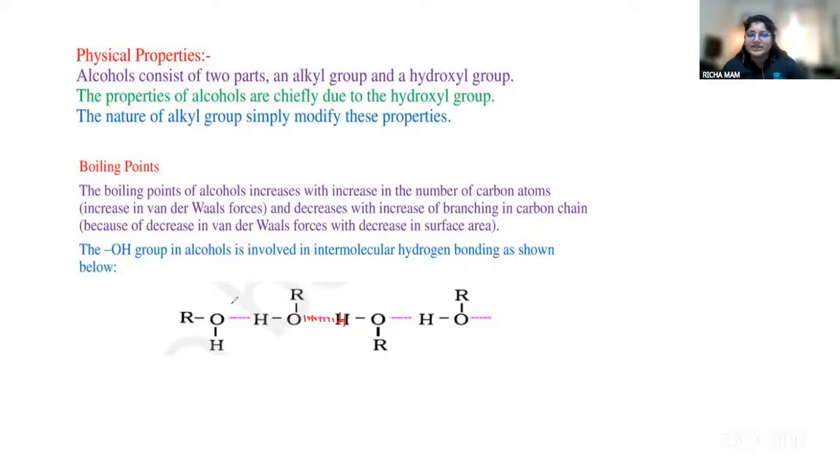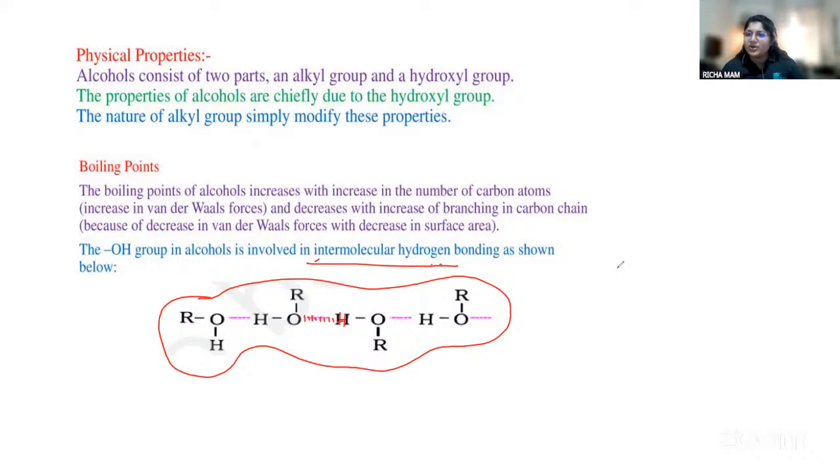Here you can see that the alcohols are forming intermolecular hydrogen bonding. Intermolecular hydrogen bonding means what? When hydrogen is attached to or links with an electronegative atom like oxygen or nitrogen, it forms a type of bonding called intermolecular hydrogen bonding.